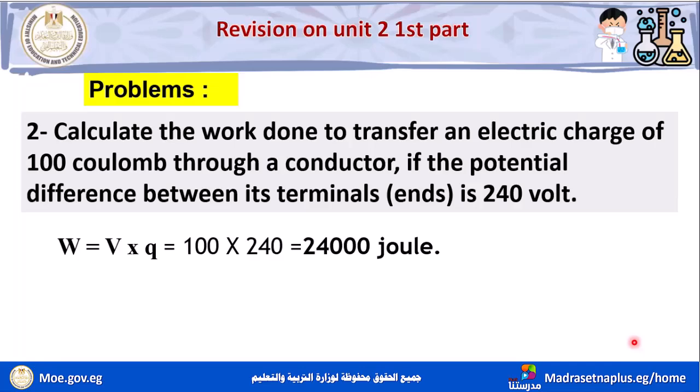Work done equals potential difference times the amount of electric charge, equals 100 times 240, equals 24,000 joule.